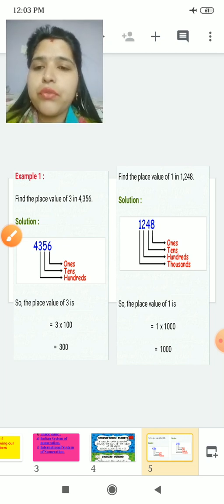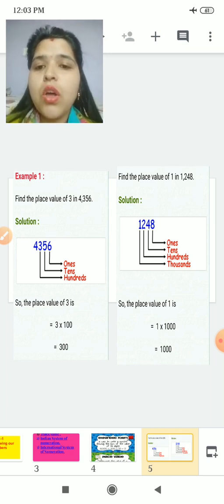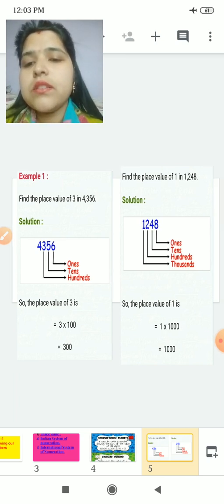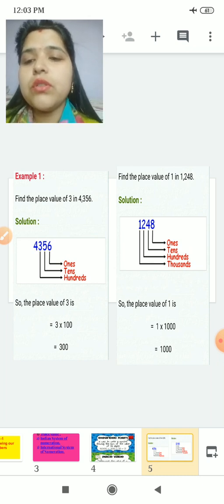Understood class? Now see, we have to find the place value of 1. So where is 1? 1 is here.